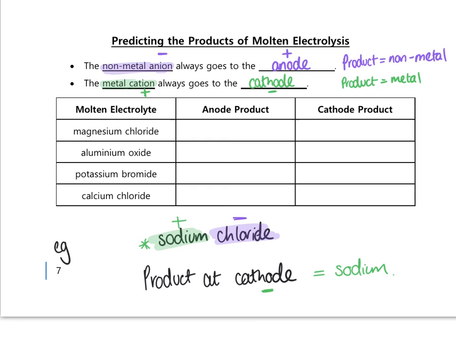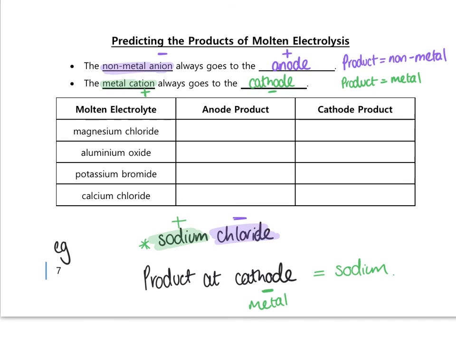So therefore the exam could ask you any example. At the cathode is always going to be the metal. At the anode is always going to be the non-metal, and that's something worth learning and making sure you have straight in your head and not get it mixed up.